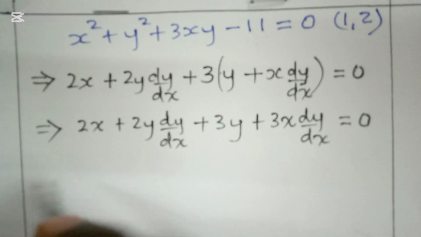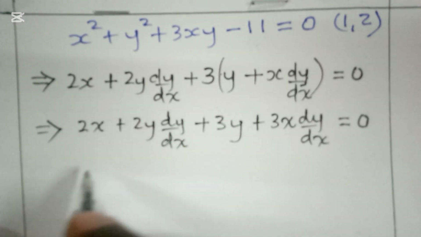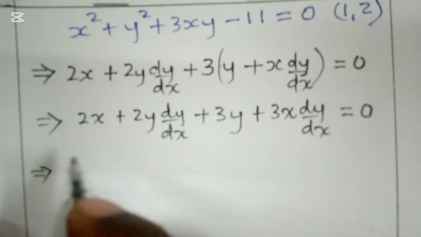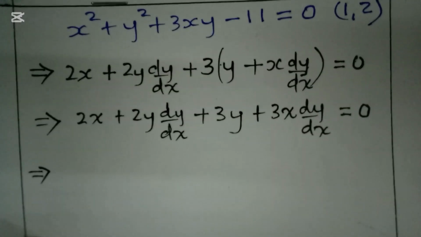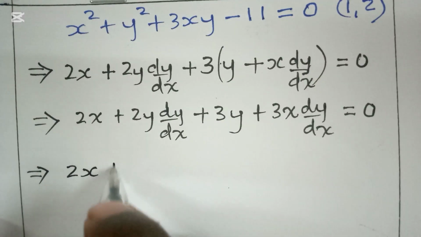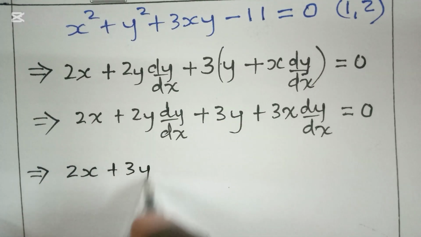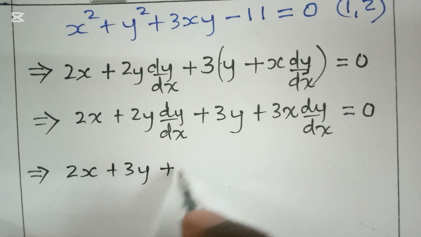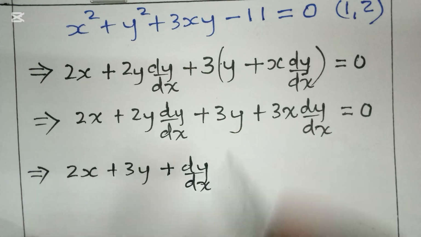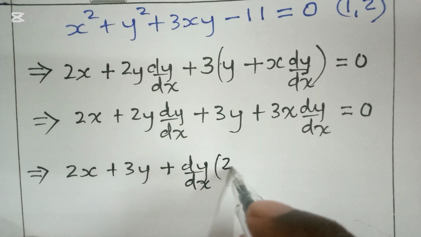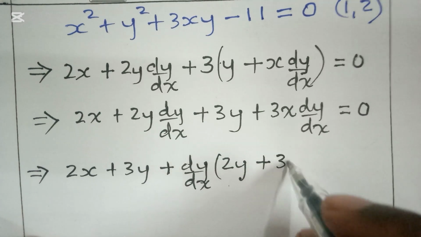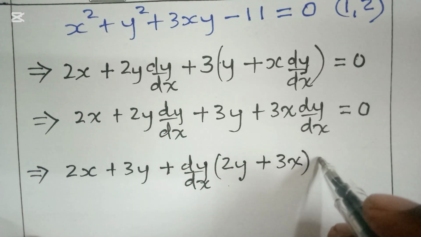So I'll have dy/dx, first I can write this once, that is 2x plus 3y, plus, I factor out the dy/dx, and then guys I'll have 2y plus 3x. This one now gives us 0.